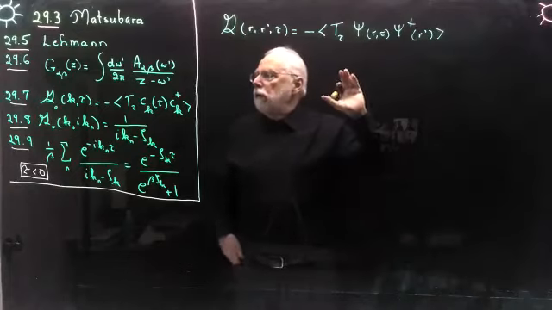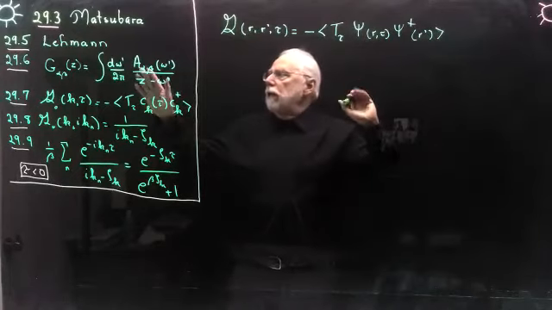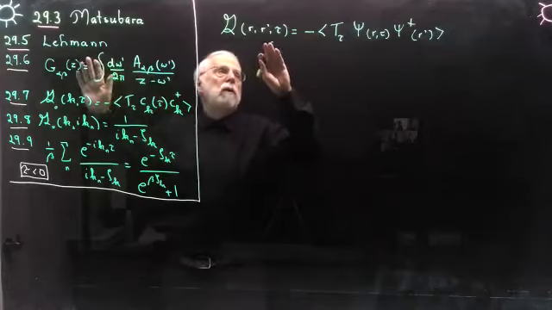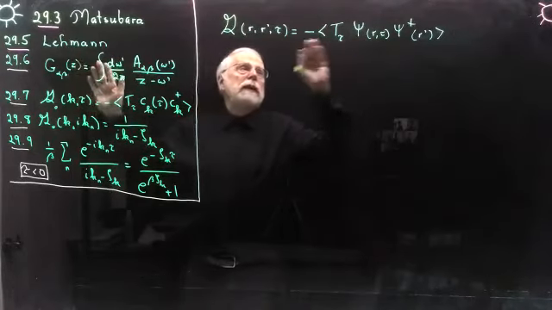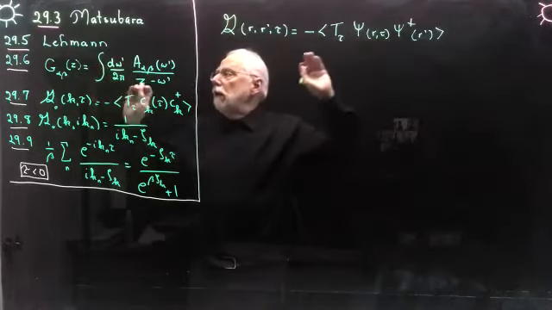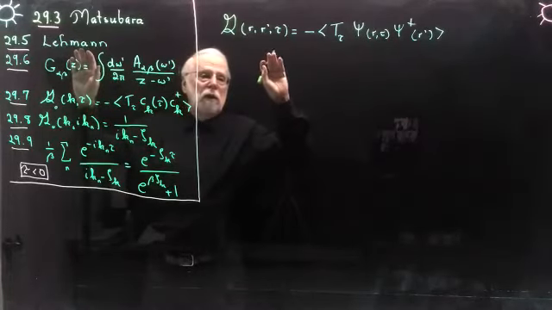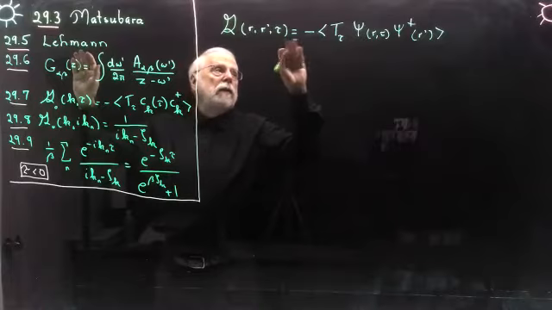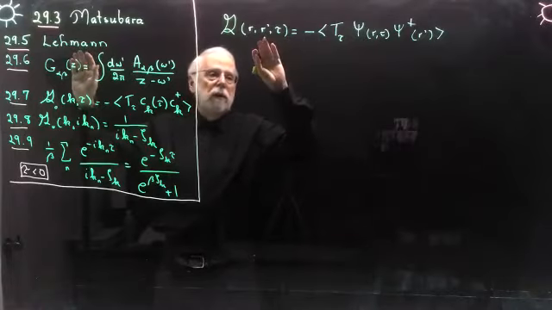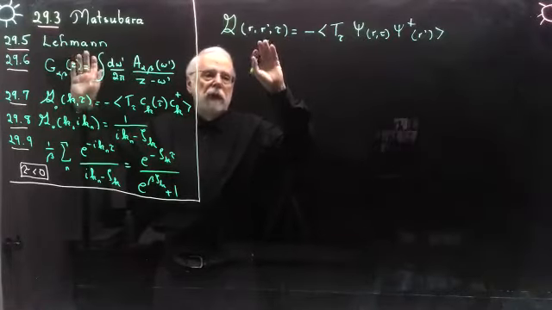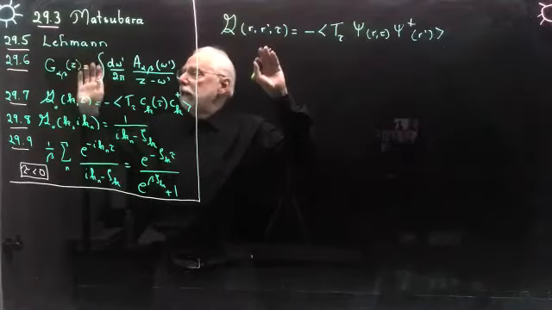So today I will go to frequencies here, and then use the Lehmann representation to show that this is easily related to the retarded Green's function that we saw has physical meaning.